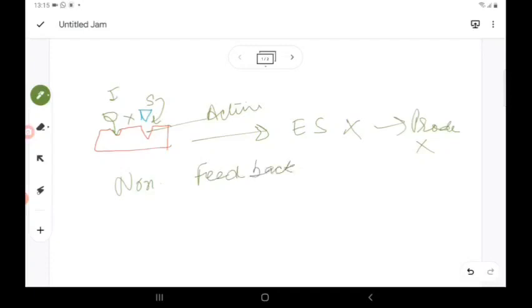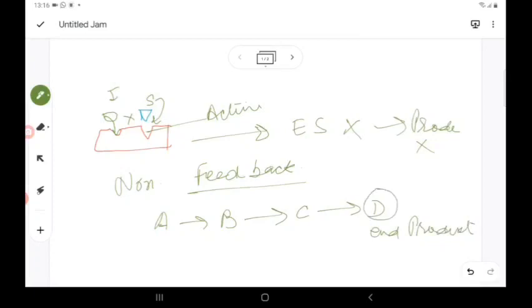You can also find one more type of inhibition known as feedback inhibition. What happens in this? Suppose there is a series of reactions: a substrate A is forming B, B is forming C, C is forming D. A series of reactions is going on. So what happens when the end product is produced in bulk?